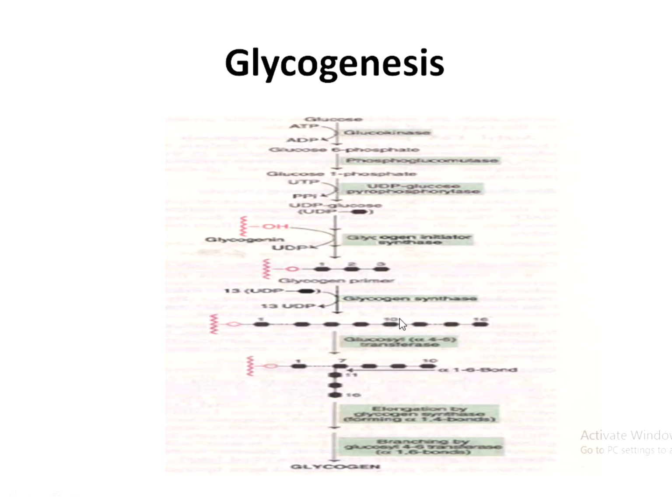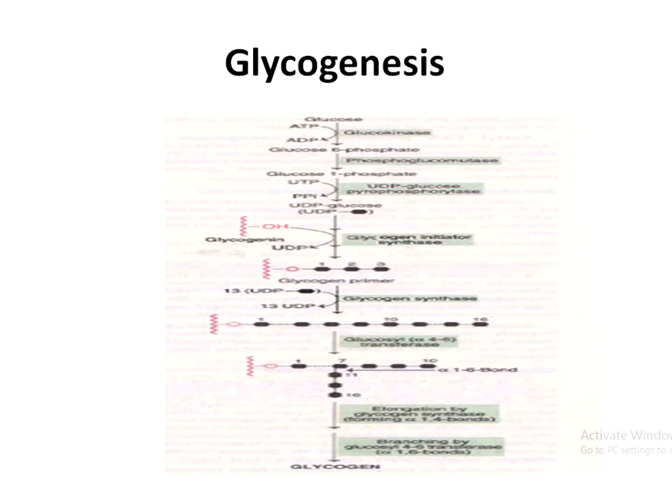Then it reacts with glucosyl 4,6 transferase, and we get alpha 1,6 bonds. Elongation by glycogen synthase forms 1,4 bonds. Then branching by glucosyl 4,6 transferase forms alpha 1,6 bonds.